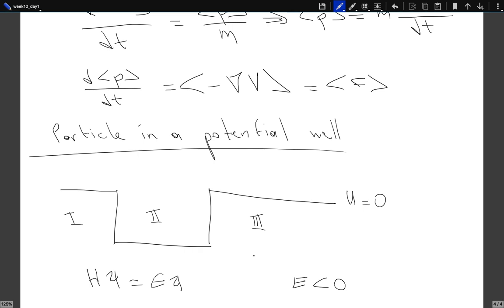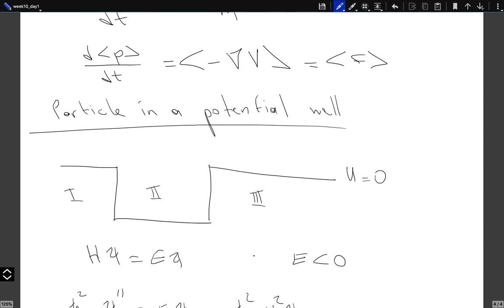So classically speaking, the particle can only be in this region. Because in this region, if the total energy is like this much, if my particle is over here, the kinetic energy would be negative. Classical physics doesn't allow it. So it cannot be in region 3. It cannot be in region 1, classically speaking. So those are called classically forbidden regions.